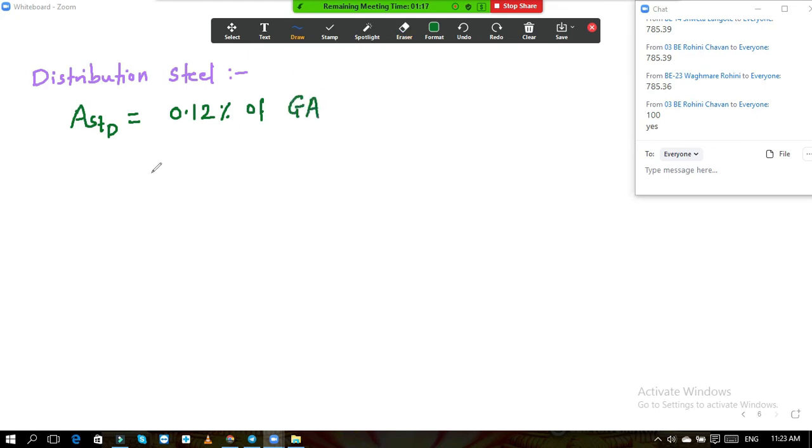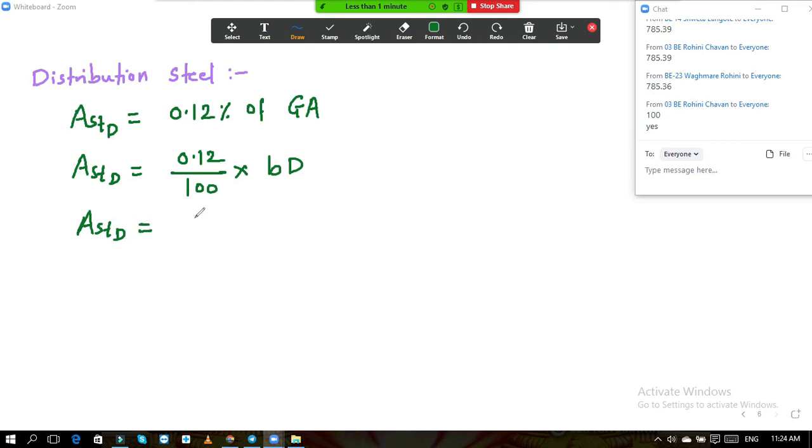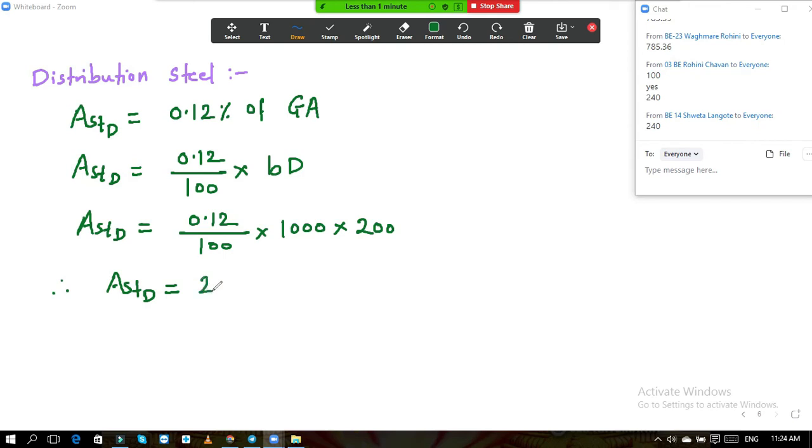I will write it in short form, G. So Ast,D is equal to 0.12 divided by 100 into B into D. As we are considering gross area, you should consider overall depth. So Ast,D is equal to 0.12 divided by 100 multiplied by 1000, that is our width, into overall depth 200. So we will get the value of Ast,D. It is 240 mm square.